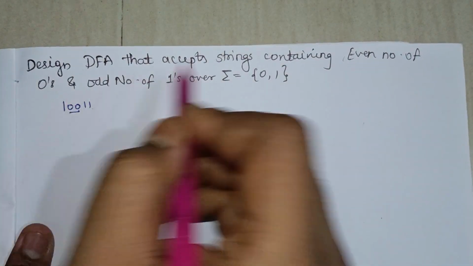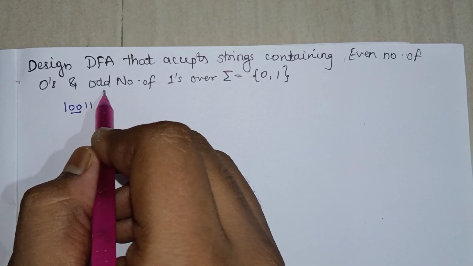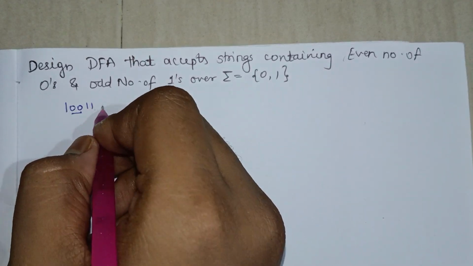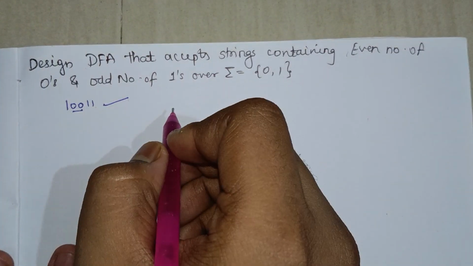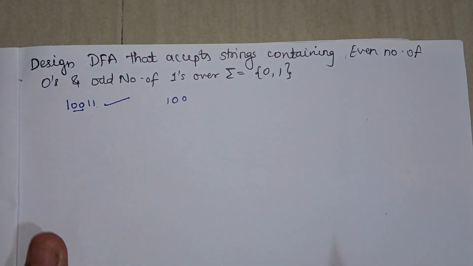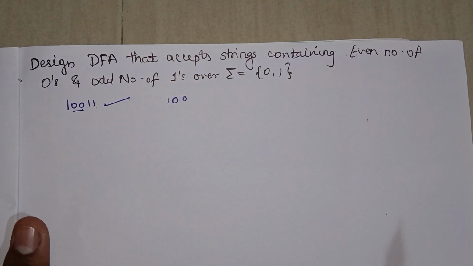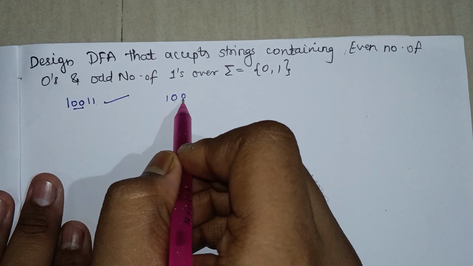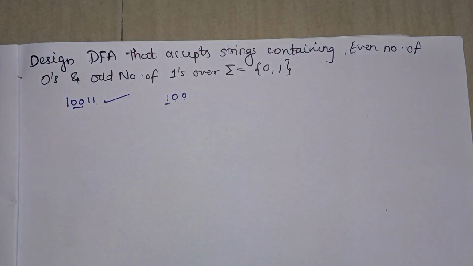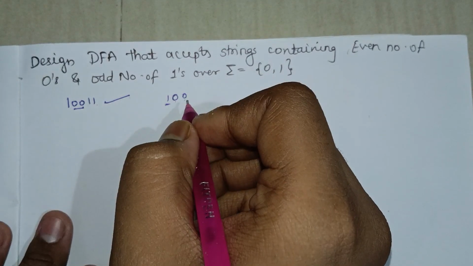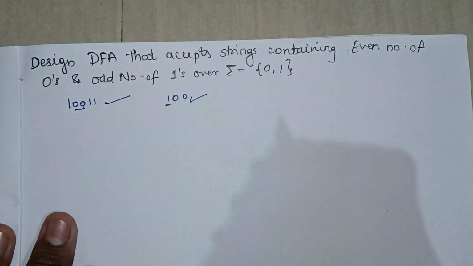It means even times 0 and odd times 1, so this string will get accepted. Let's take another example, 1 0 0. Will it accept? 0 0, yes, it is coming even times, and 1 is coming one time, that is odd times. Yes, this will also get accepted.